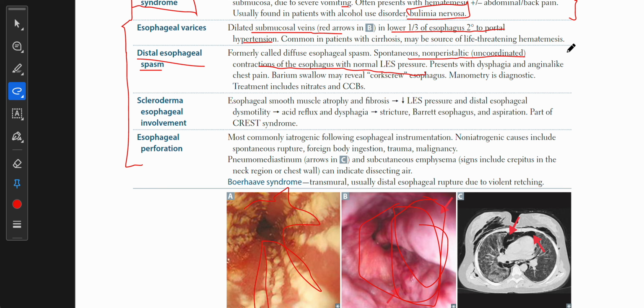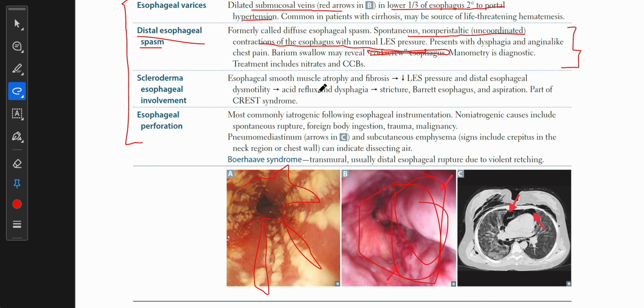It presents with dysphagia and angina-like chest pain, and barium swallow may reveal corkscrew esophagus. Manometry is diagnostic. Treatment includes nitrates and CCBs, right? So corkscrew esophagus is the characteristic feature of distal esophageal spasm, as you can see.